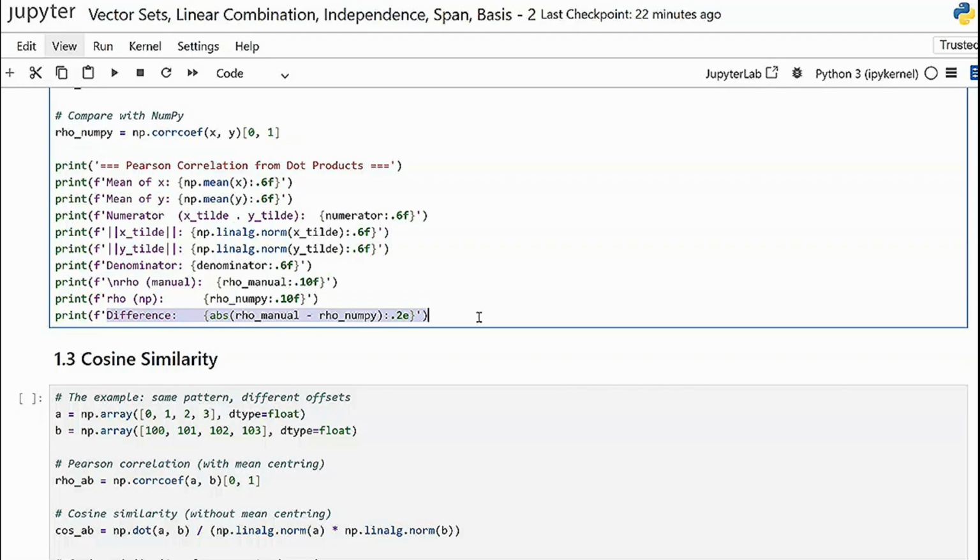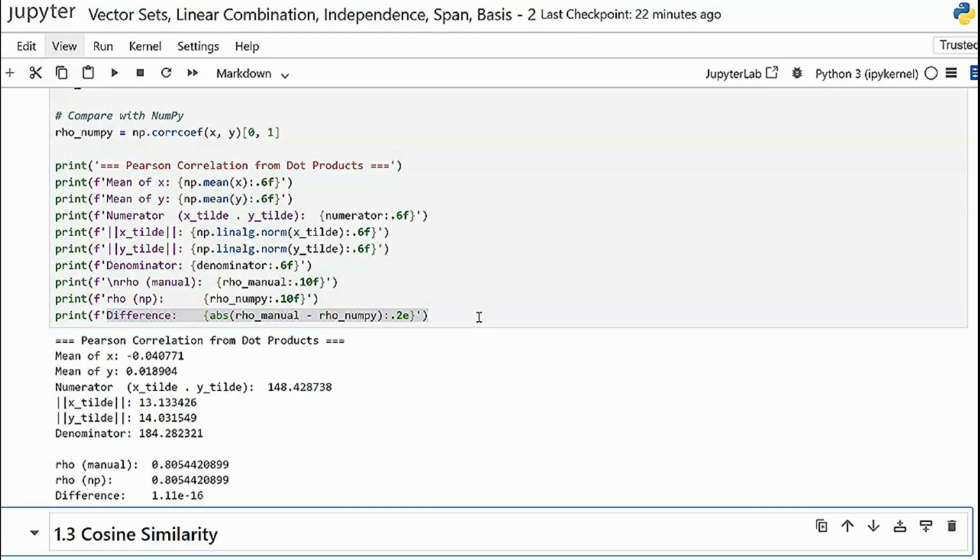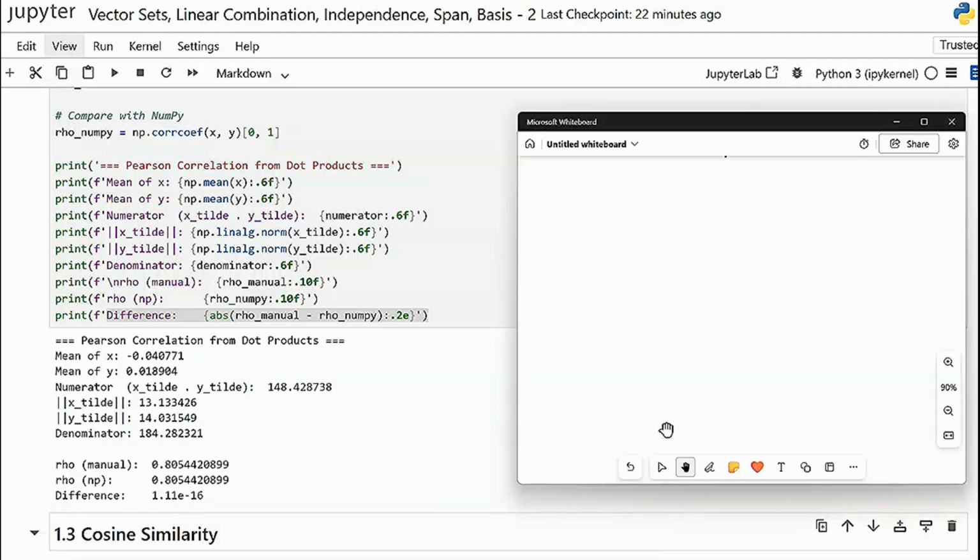Let me execute it here. Kindly observe, dear friends, the exact mean value of x and the mean of y. As highlighted already, I just want to let you know one thing, dears.